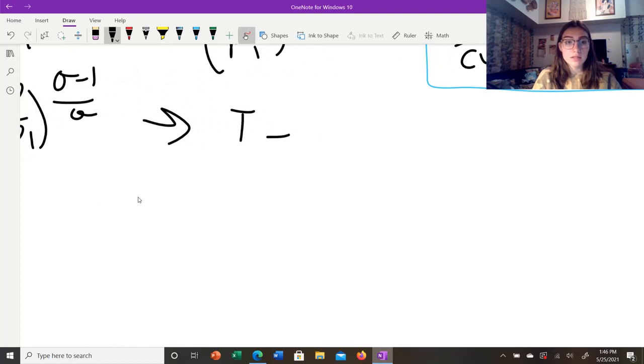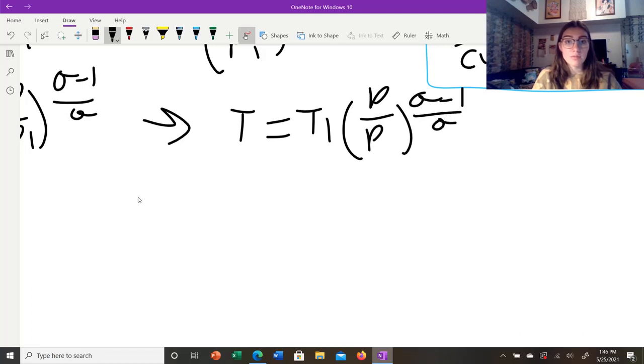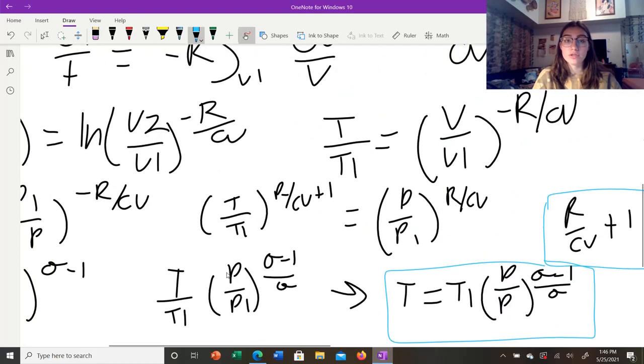So we're almost done, this is our last step. We're going to divide the T1s over, so T equals T1, P over P1 to the gamma minus 1 over gamma. So this is what you're trying to find. We have an equation for temperature now.